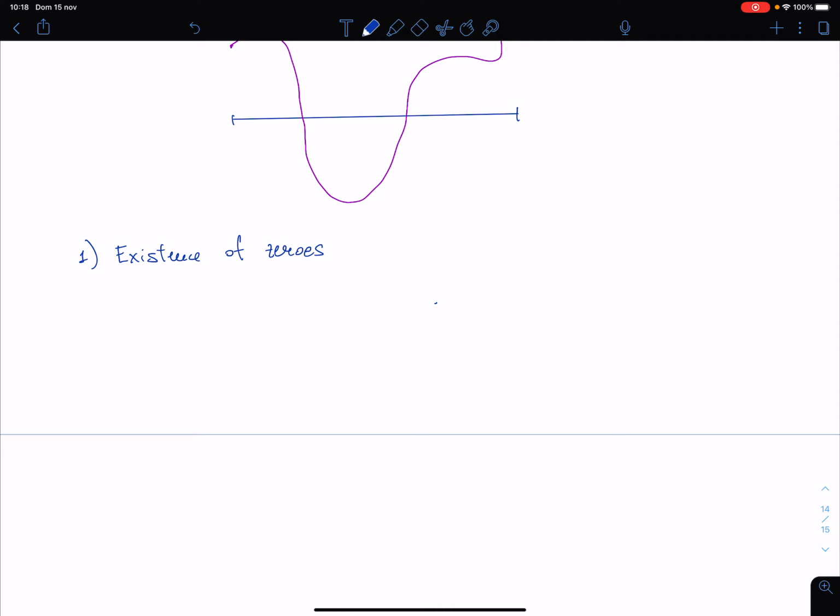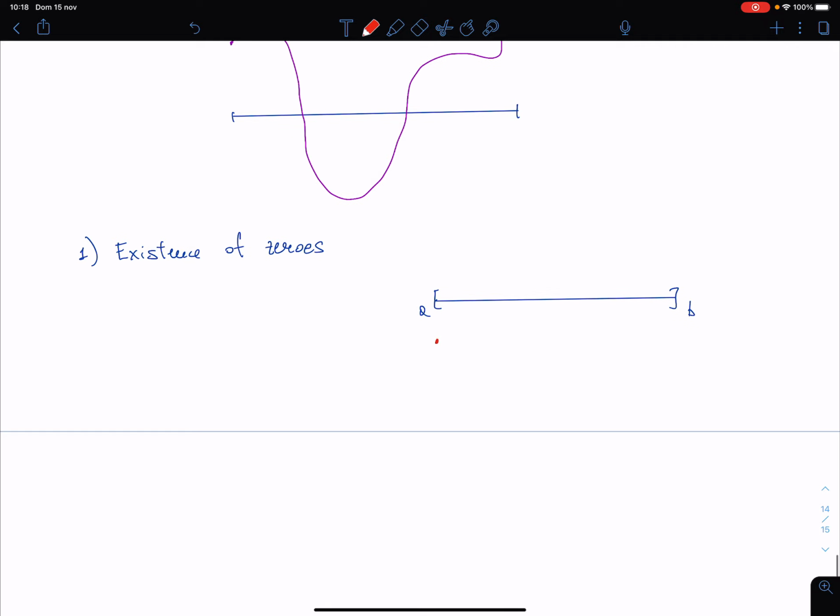If you have a function defined on a closed and finite interval, a and b are real, and you know that f of a is negative and f of b is positive, then there must be a point where f is equal to 0, an internal point of the interval, of course.